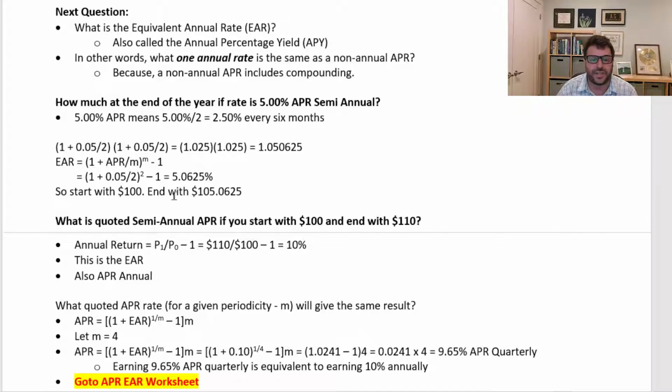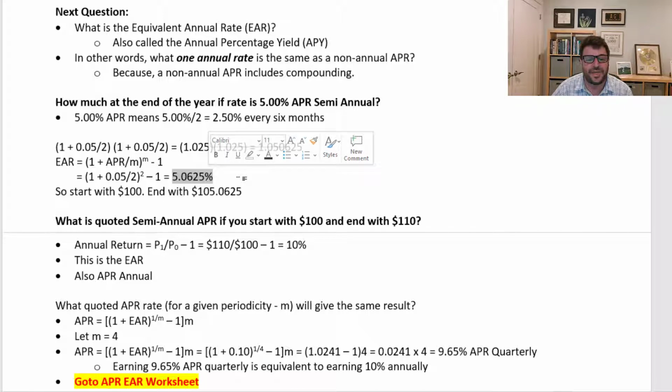So how much will I have at the end of the year if the amount I earned is 5% APR semi-annual? And I read this and I say, oh, okay, this means I get 2.5%, and then I get 2.5% on the principal and the interest I earned in the first 6 months, so there is compounding. So 5% APR means 2.5% every 6 months, so I'm going to earn half of 5%, I'm going to earn another half of 5%, I'm going to earn 1 plus 2.5% twice, and the amount that I actually earn is going to be 5.0625%.